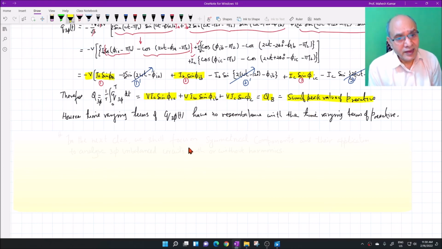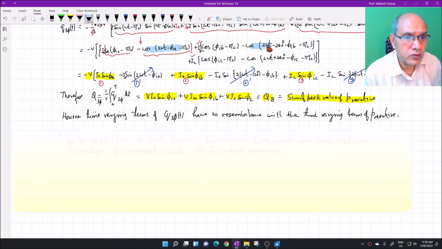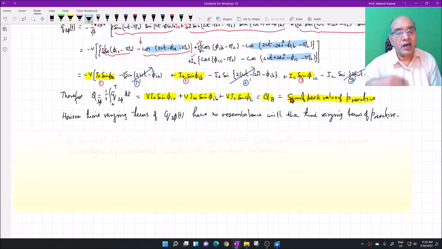Again, these time varying components 1, 2 and 3 have no resemblance with the time varying nature of the P reactive.